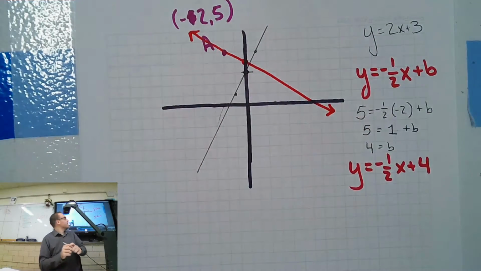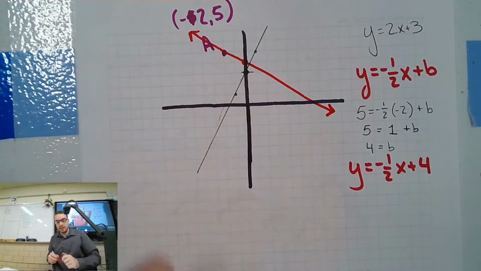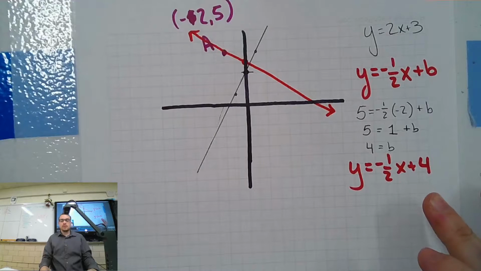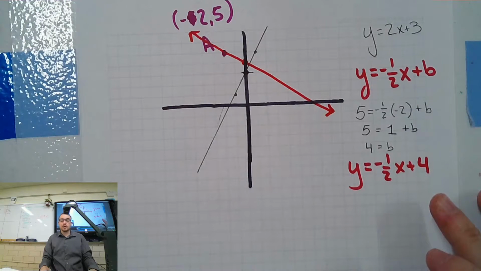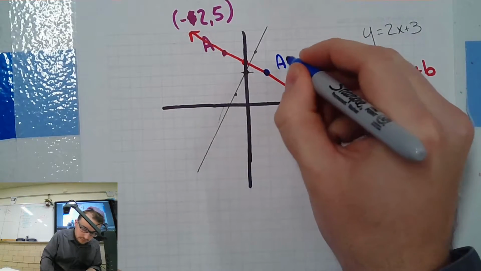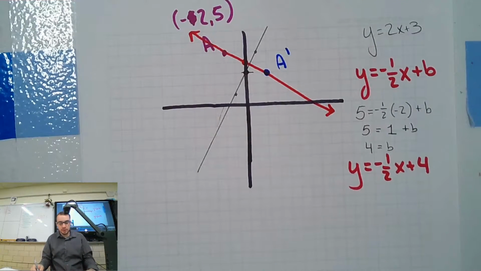And that's where A prime is going to end up on. It's going to end up somewhere on that line. And I bet you can make a pretty good educated guess at where A prime is going to end up. Looks like A prime should end up there-ish, right?